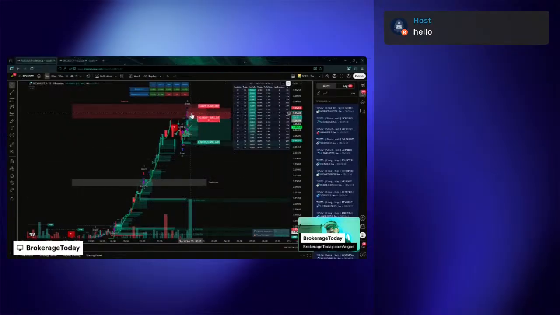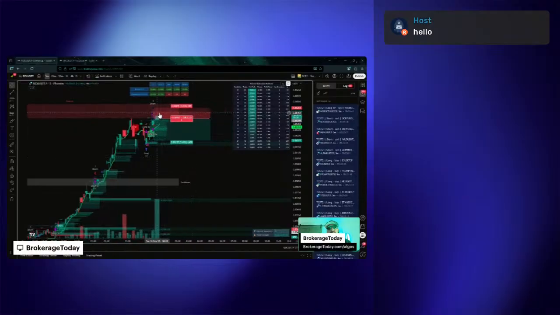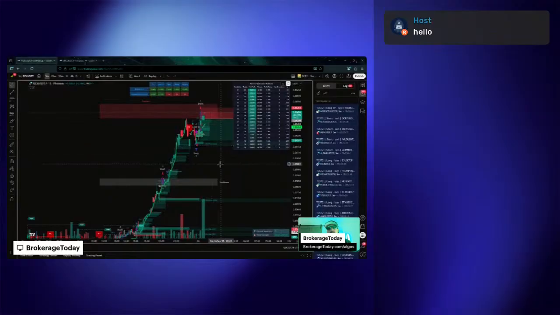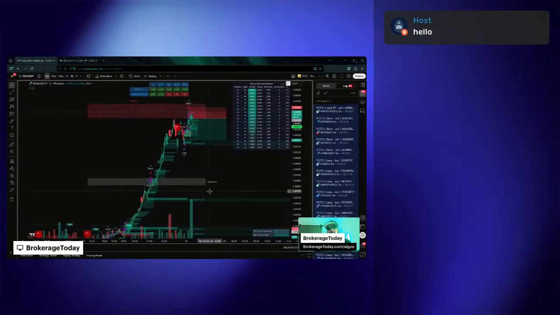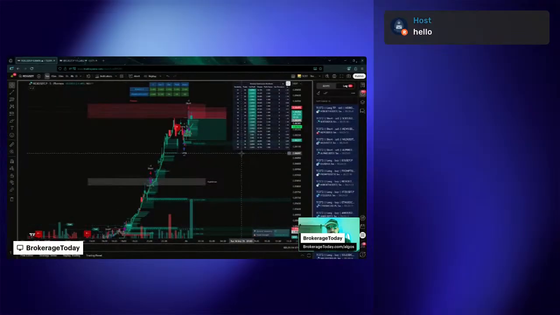So let's see if this stops here, because we've had a couple minutes here with pretty much no movement. Going to take a look at the bids on my phone real quick.